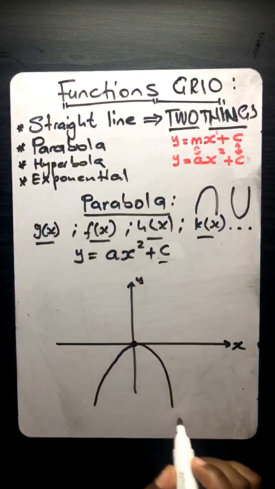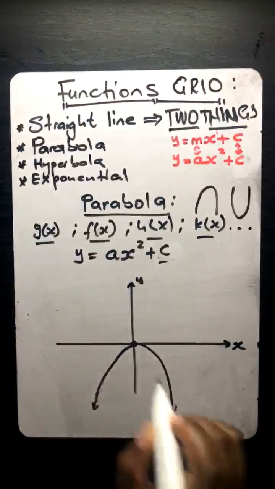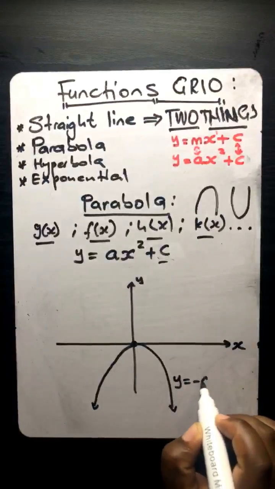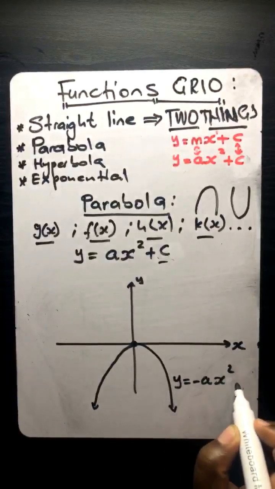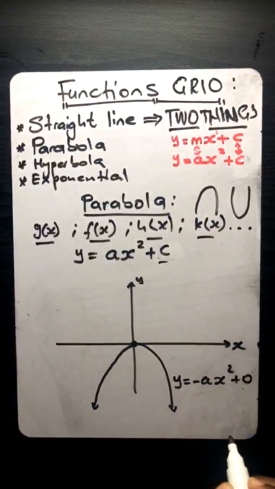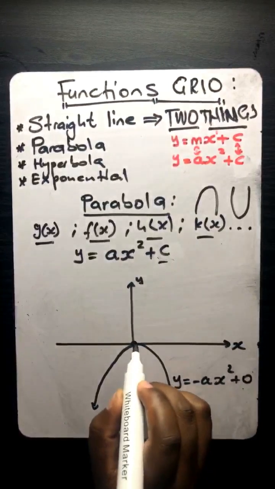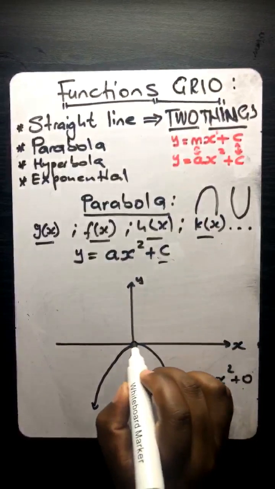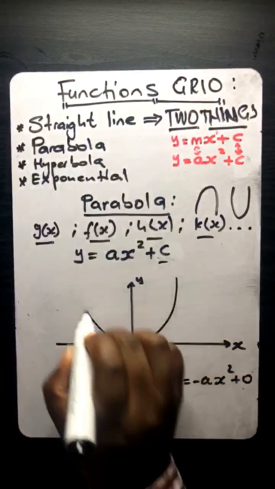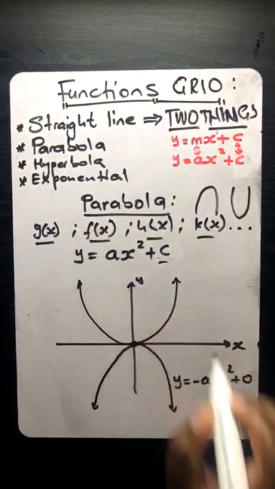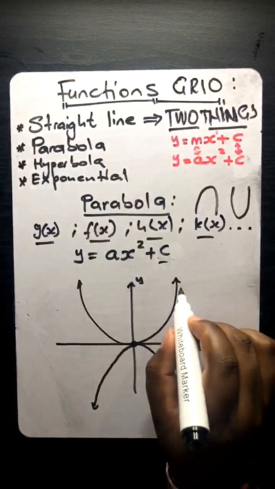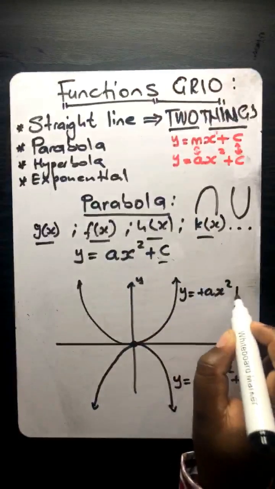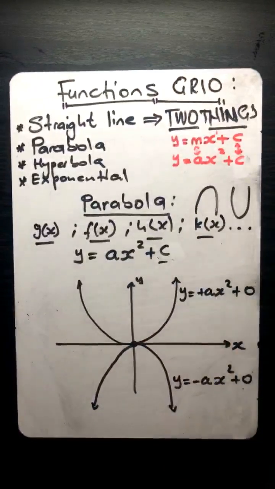So that means the general equation of this one is going to be y equals a negative a value x squared, and then we can just say plus 0 because it hasn't shifted, making a U-turn at the origin. Another smiling shape is this one. So for this one, it's going to be y equals a positive a value x squared plus 0.